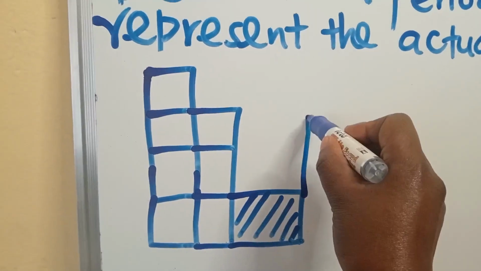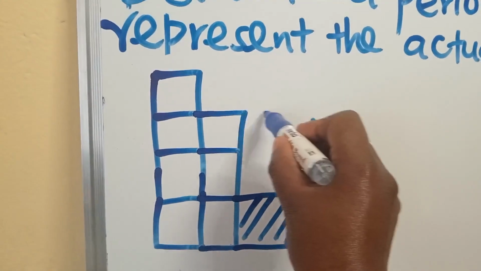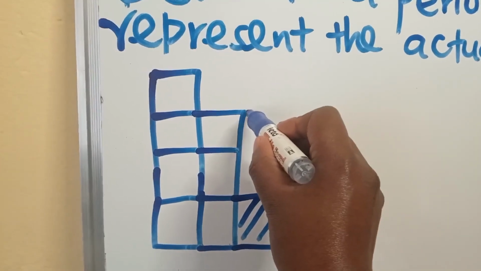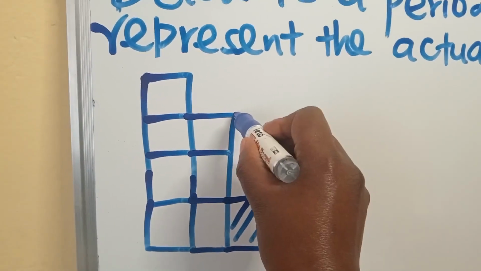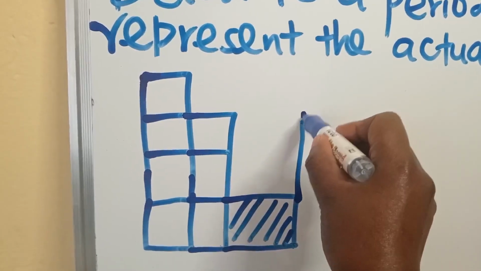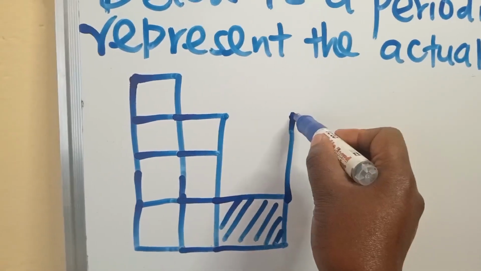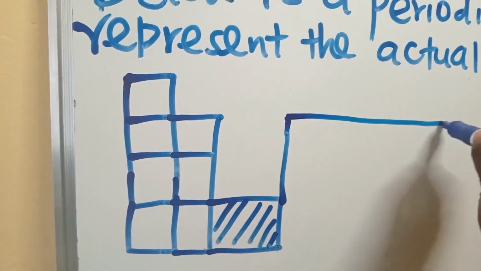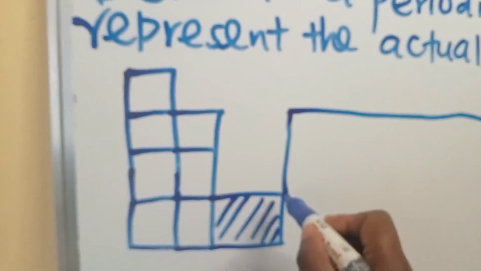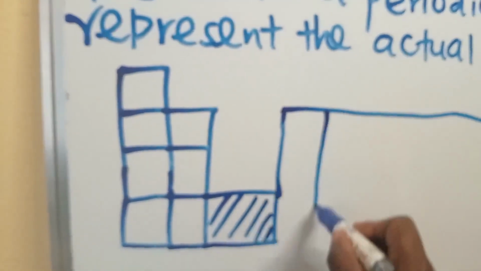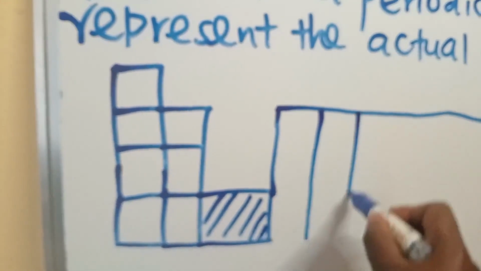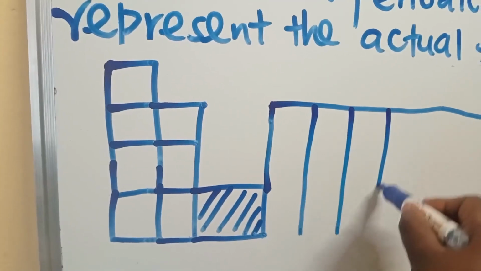Then you go up to this point, but you won't make a line, but make sure that it is reaching up to this point. Then you extend it further away, and then you divide it into 6 columns.